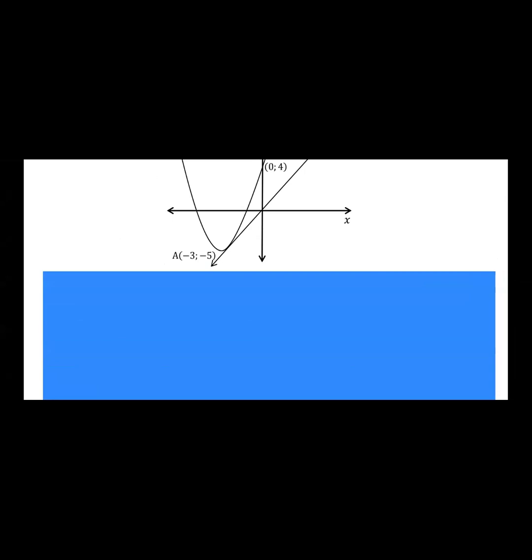I told you that we have to use the second formula. It can help us to find those values. When having y equal to a(x minus p) squared plus q, we already know what our p and q are. We don't have the value of a.